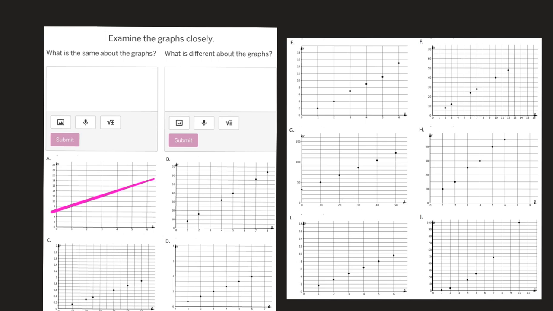This one, we have that. On C, we're going to draw this line here. There we go. D. That's a good one. We'll go right here.